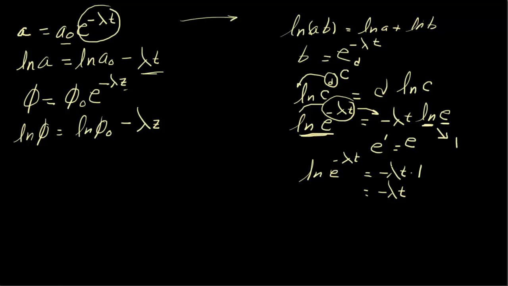Well, that's just 1. And over here it's the same question. We do have a kind of hidden part of the result over here: taking this exponent down in front and then dropping the log of e term, letting it equal 1, so that we get the natural log of phi 0 minus lambda z.